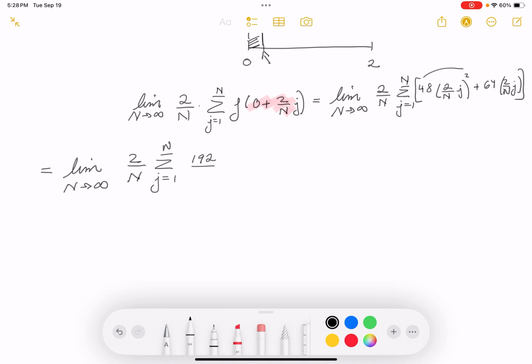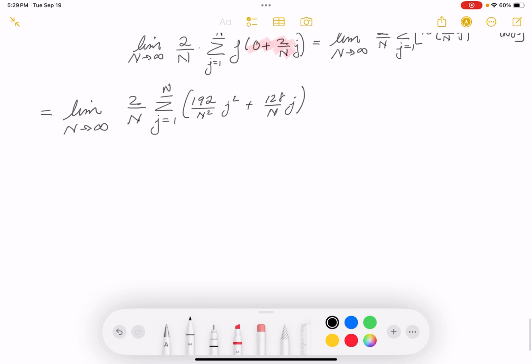It's going to be n squared in the bottom, and then j squared, plus, let's see if we can do the next thing. That's 128 over n j. All right?